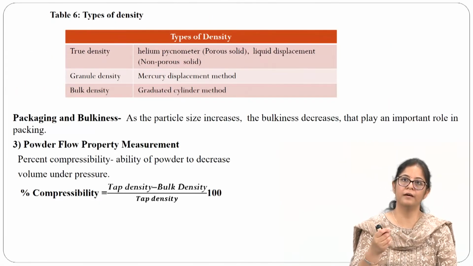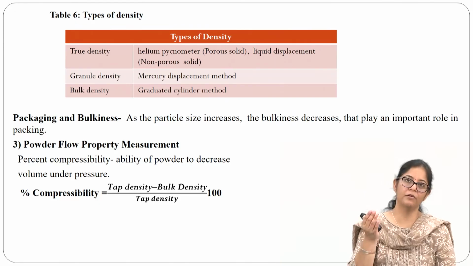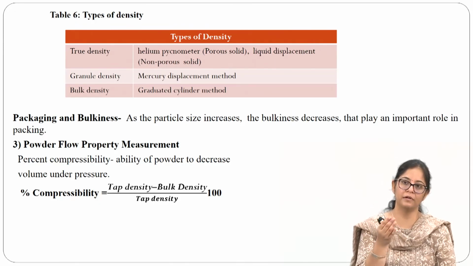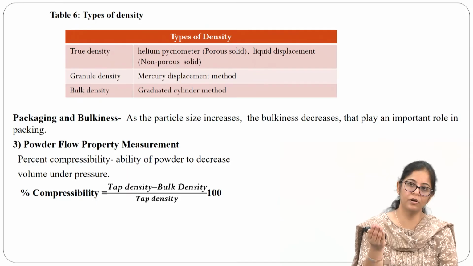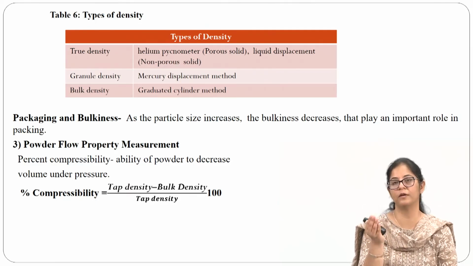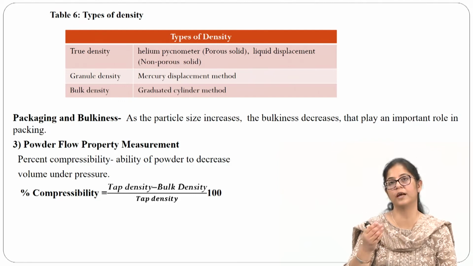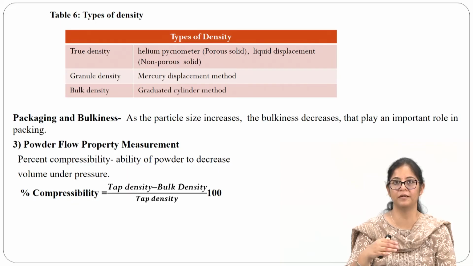So as the volume changes, the density will automatically change, as density is mass per unit volume. Once you consider the true volume, you will have a true density. If you consider the granular volume, you will have a granular density. When you consider the bulk volume, you can calculate the bulk density of the material.